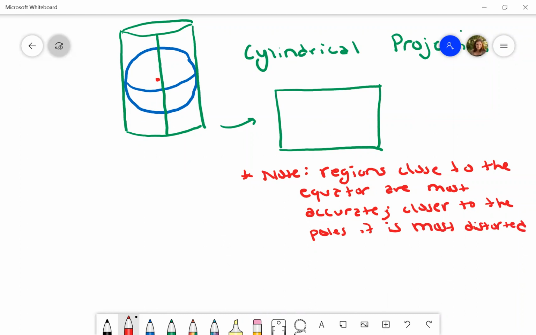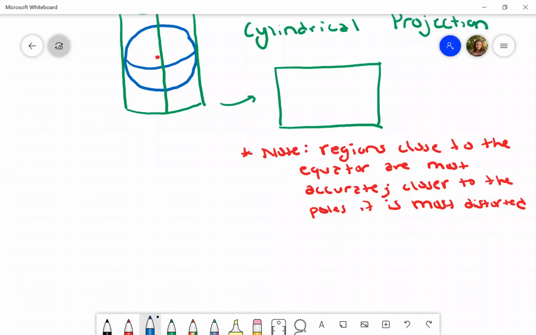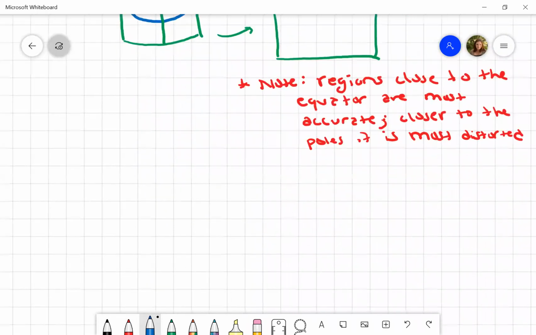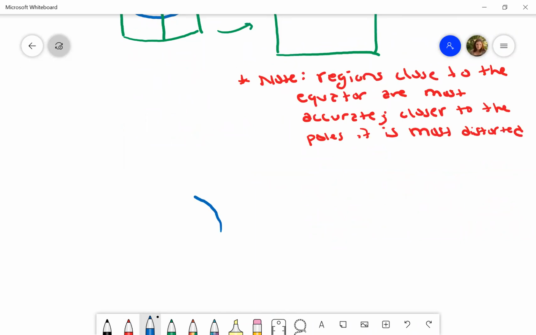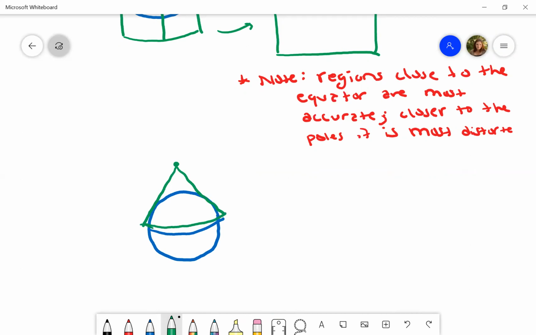All right. Another type of map that we might use is a cylinder, or sorry, a conic projection. So here, let me go ahead and draw my Earth again. There's the Earth. Oh, it's so bad. I'm sorry, I have to fix it. Got to at least connect, even if it's a little wonky. There we go. If you were to do a cone, and you were to set a cone on top here, like that.